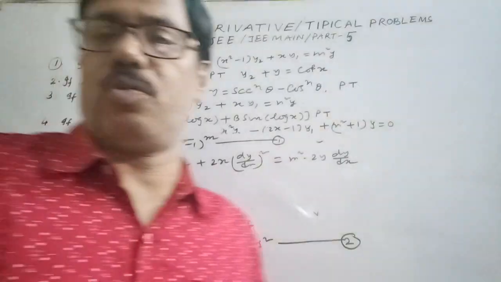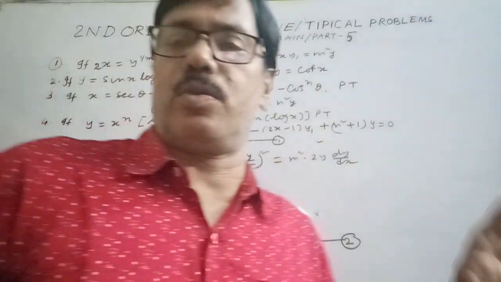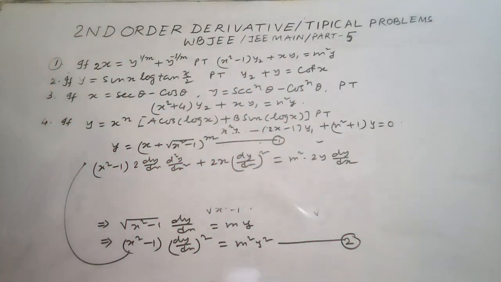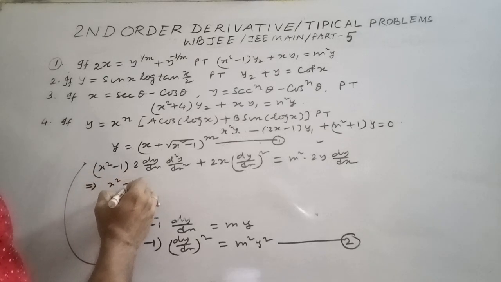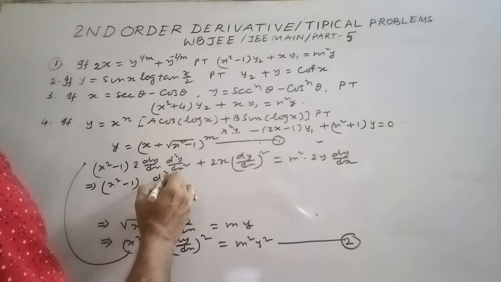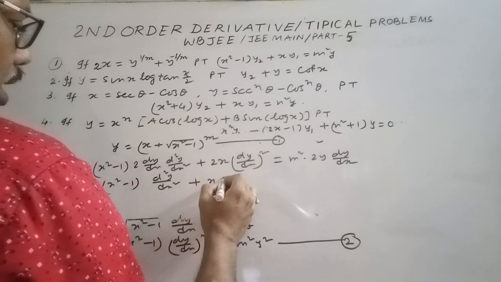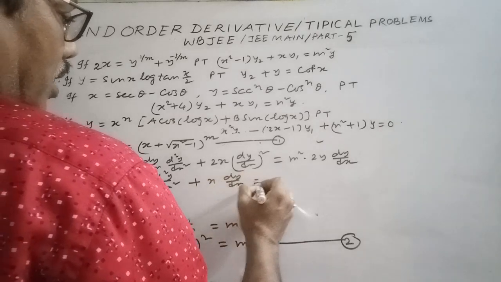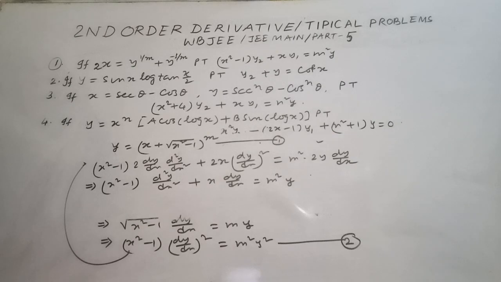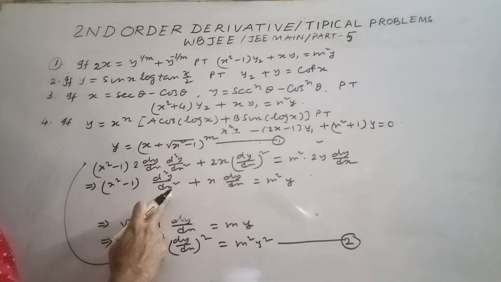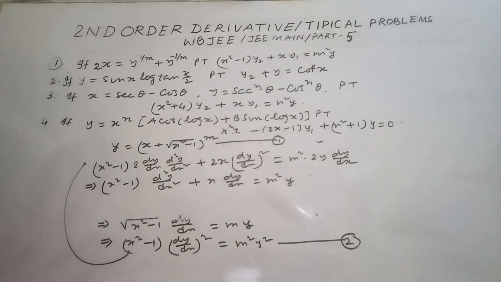In this case, 2 dy dx will be cancelled out. So finally, (x square minus 1) d2y dx2 plus x dy dx equals m square y. Look at the final result: (x square minus 1) y2 plus x y1 equals m square y.